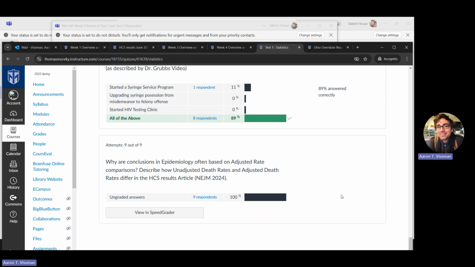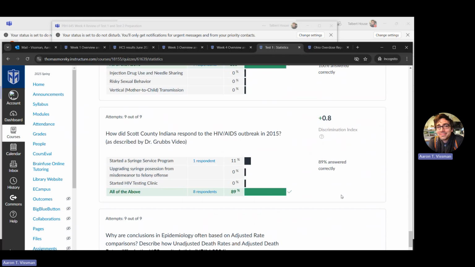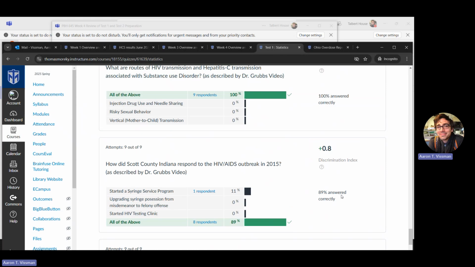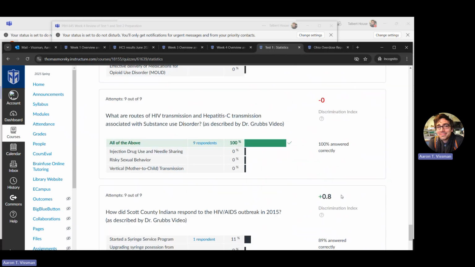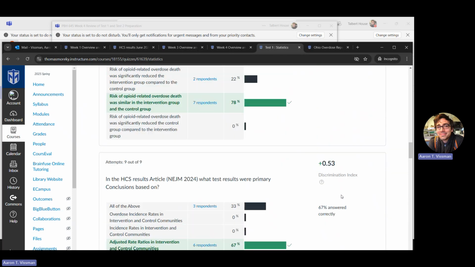And there were some basic questions that addressed content from the videos, but they were pretty simple facts, such as HIV and hepatitis C as the more traditional public health outcomes of concern when it comes to opioid abuse and the risk factors related to injection drug use most specifically.